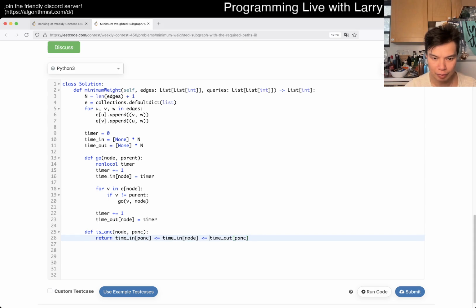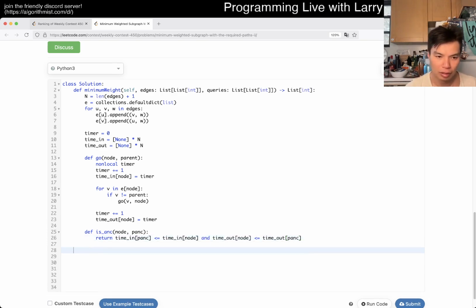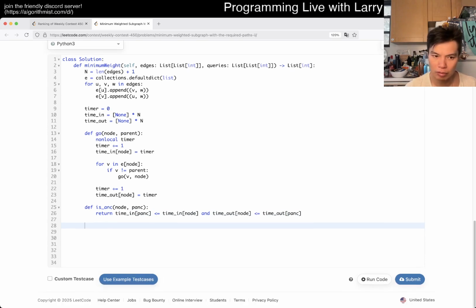Though maybe it's more precise to write... No, can that? I guess maybe it's possible. I don't know. Oh right, yeah. If it's not the same subtree. Okay, fine. Okay, and then now we just do the LCA, right?